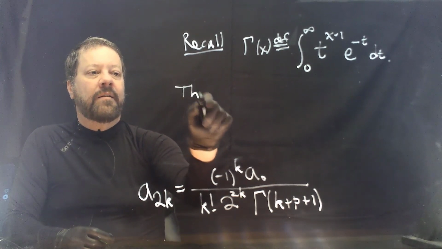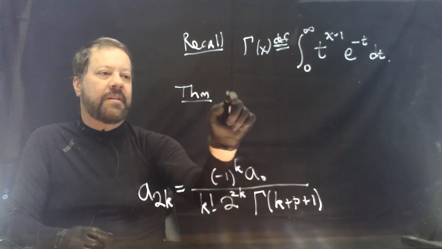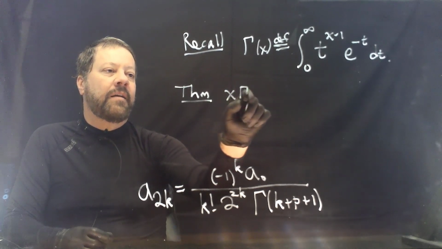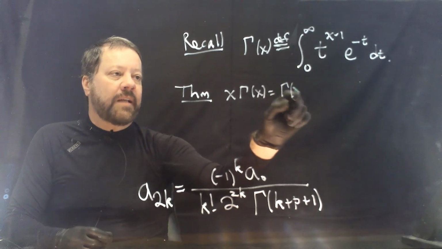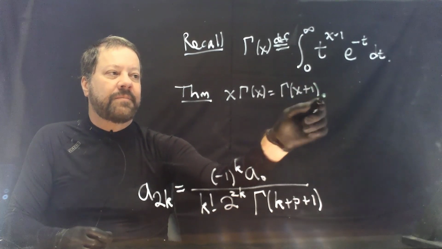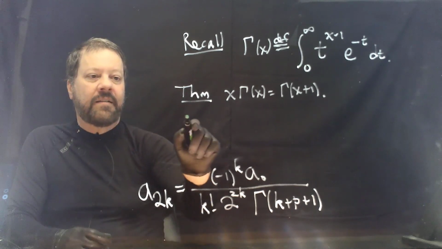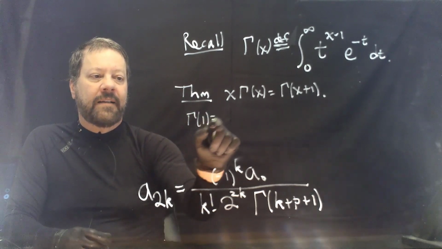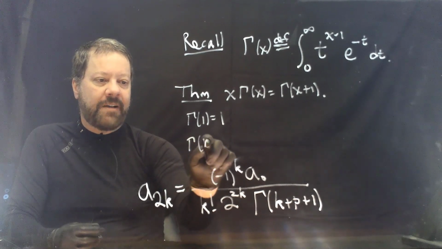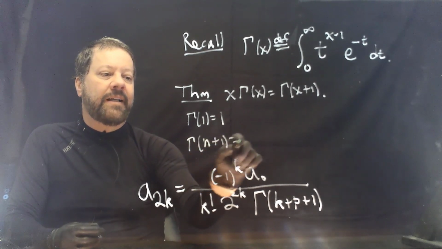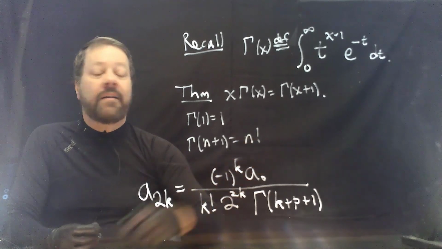There's a simple theorem: x gamma of x is gamma of x plus 1. Gamma of 1 is 1, so gamma of n plus 1 ends up being n factorial.